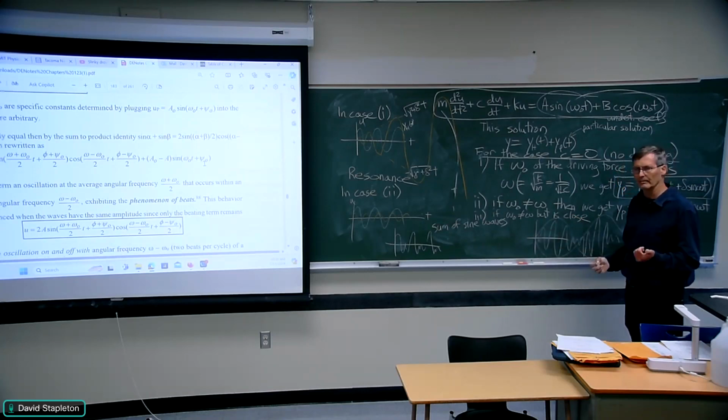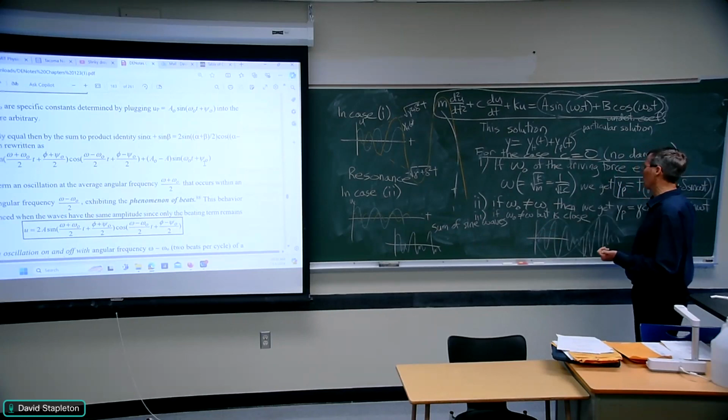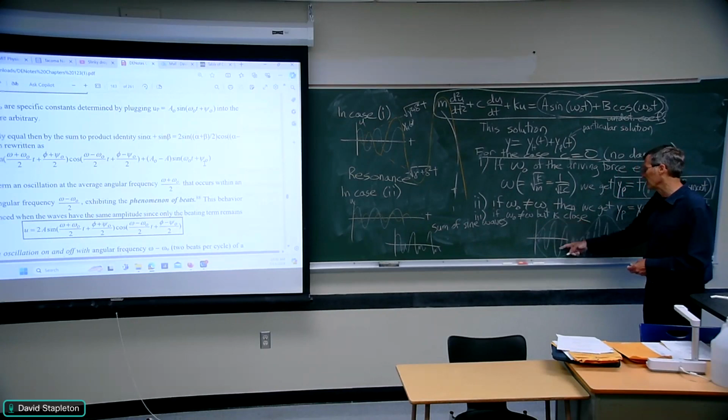In fact, you can use the trigonometry formula that says the sum of two sine waves can be written as a product. When you get a sum of sine waves with different frequencies, you can always write them as a product. And the product then gives you a large sine wave multiplied by a faster, higher frequency sine wave.